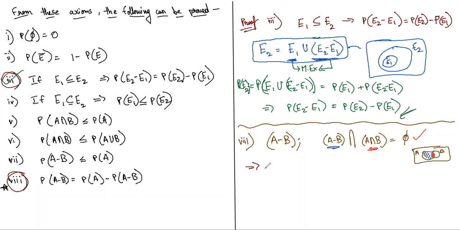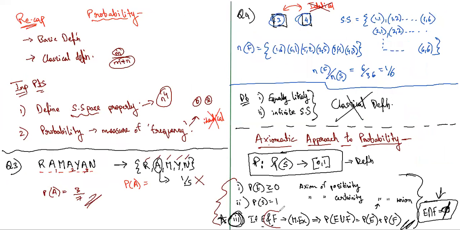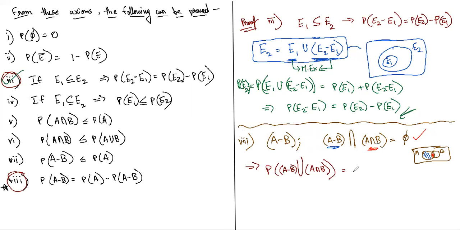So from here, what can you say? Probability of A minus B union A intersection B. Oh sorry, not intersection, union. Axiom, what is the third axiom? E and F are mutually exclusive, तब इसका union addition बन गया, that is the axiom. उसके लिए ये कंडीशन होनी चाहिए जो हो गया. ठीक है, so union of these two will be equal to probability of A minus B plus probability of A intersection B. Now tell me, ये सब जोड़ने से क्या आ जाएगा?